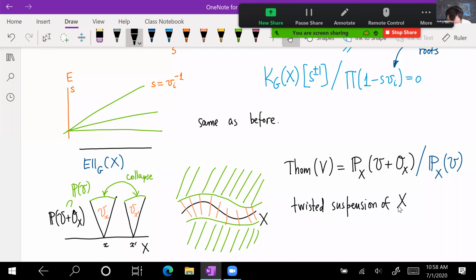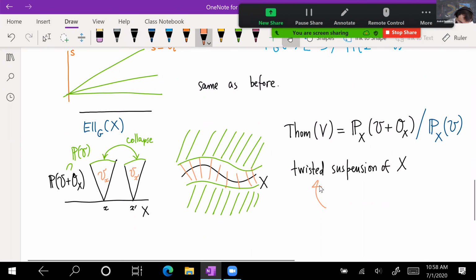So this is twisted in two different ways. First, the spheres vary over X in a way that, so this twisting happens both in bundle and the G action.